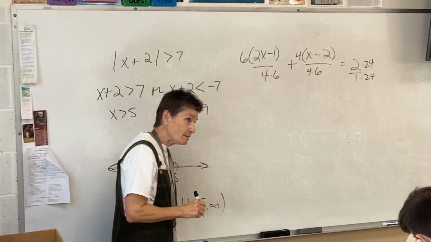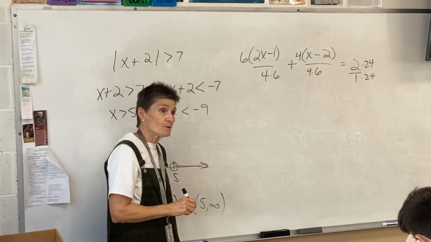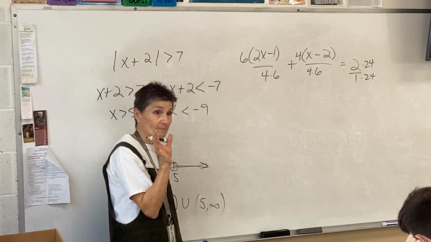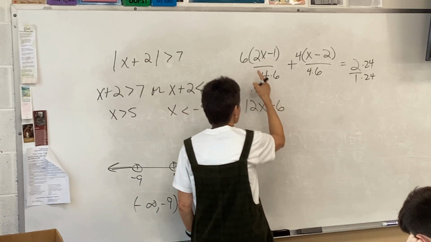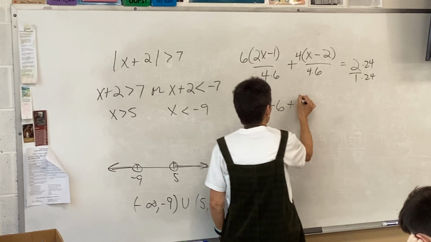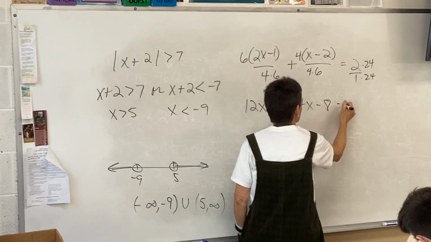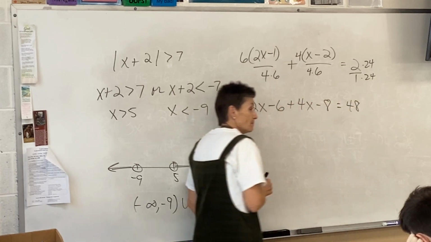We did that, Phoebe did that, so that now the denominators are gone. So 12x minus 6 plus 4x minus 8 equals 48.